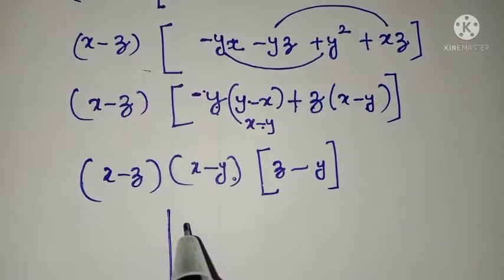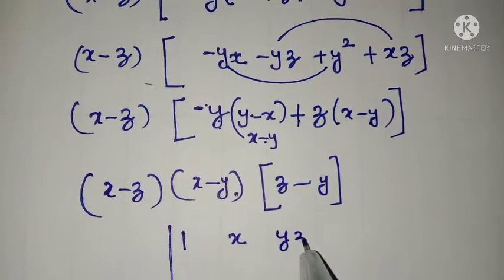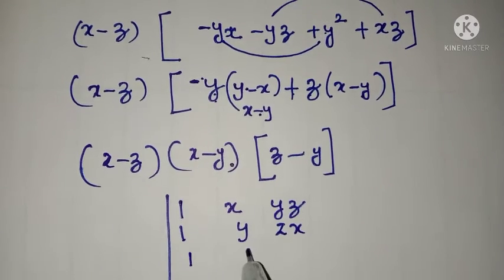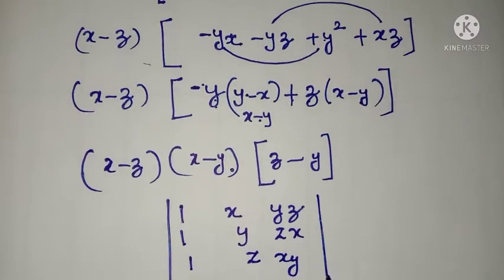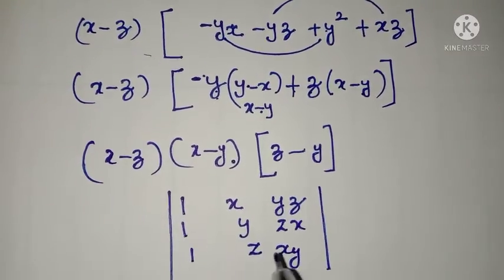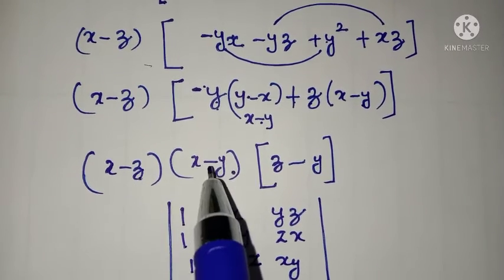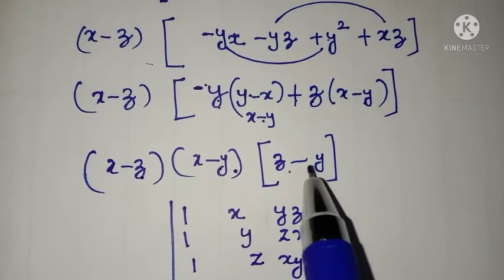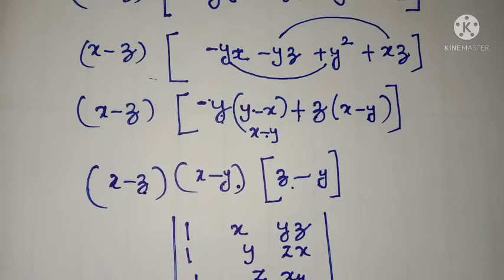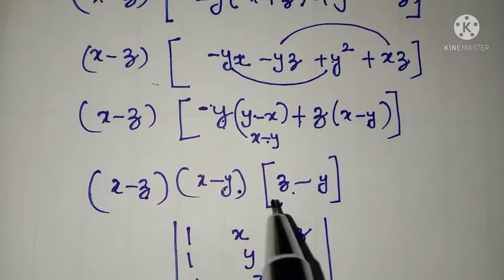This is the value of the given determinant 1 x yz, 1 y zx, 1 z xy. So we observe that the determinant is x minus z into x minus y into z minus y using the cofactors of elements of the second row.